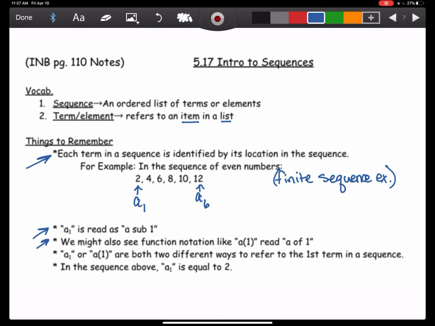The fourth star says that A sub 1 or A of 1 are both 2 different ways to refer to the first term in the sequence.